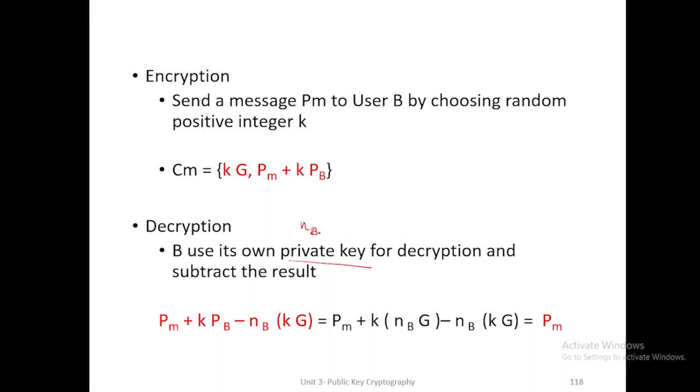We already calculated the K value, so either you can substitute the KA or KB value here. G is the base point value, and PM is the given plaintext message plus K into PB. This is the ciphertext value. These two values are equal. If you verify by substituting the values, you can get PM at the decryption side.